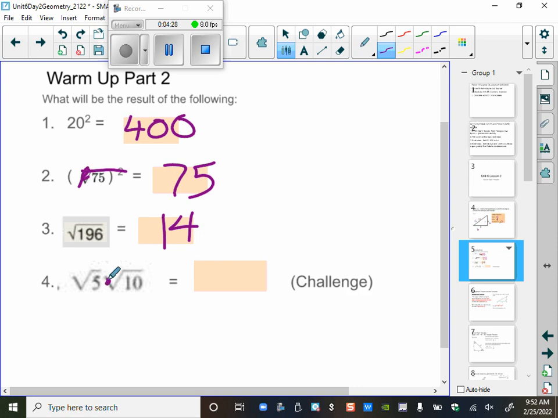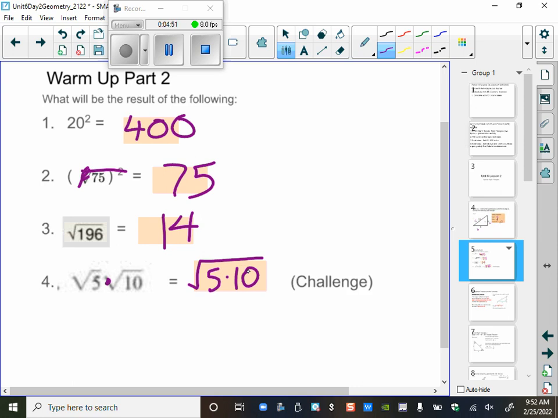Here, special case. When you have 2 radicals multiplied side by side, what you do is you multiply the 2 numbers, and you can keep it under 1 radical sign. I didn't expect anybody to get this one right off the bat.